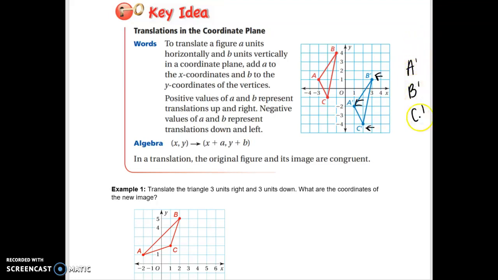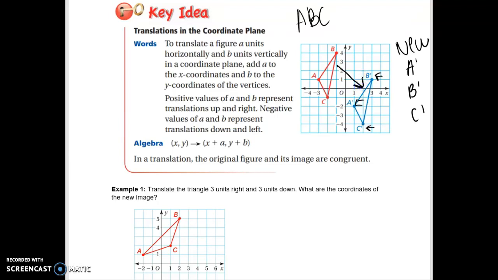Whenever you see these little exponent-looking things next to your A, B, and C, that means this is the new figure. The original figure will be A, B, C. There are no little ones in your exponent spot. So that's how I knew that this was my original and that was my new.